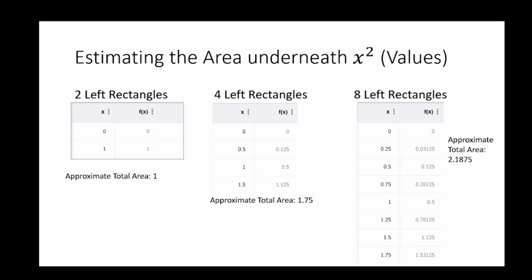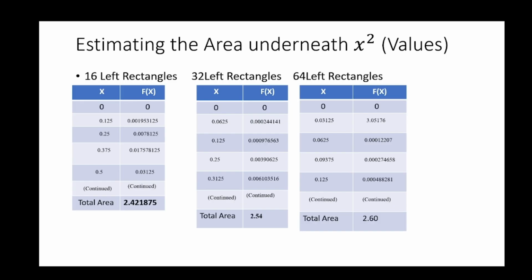2.1875. In the examples with 16, 32 and 64 rectangles, the value of Δx is 0.125 here, 0.0625 in the 32 example, and the last one is 0.03125. We multiply the value of Δx by x squared, and then we add all the values together to get the total area from each one of them.